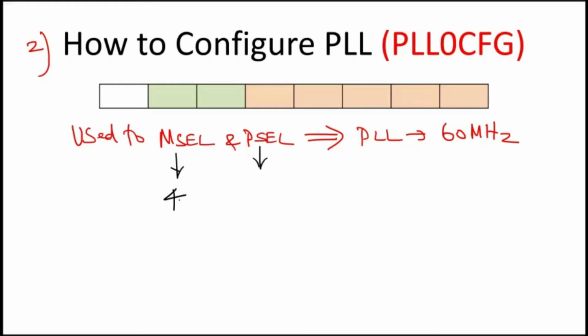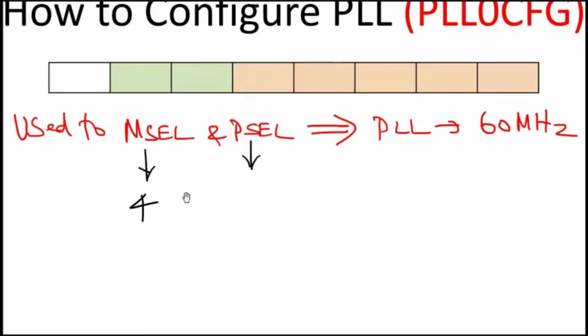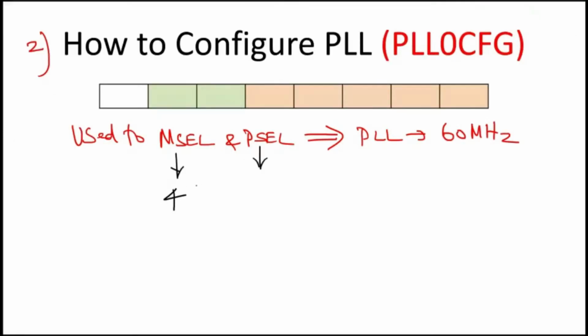If you put 4, the processor will add 1 to it, and then the total value becomes 5. Why is the processor adding 1 to it? Because the processor never trusts you. By default, if you put some value 0, then the entire system is going to get affected.